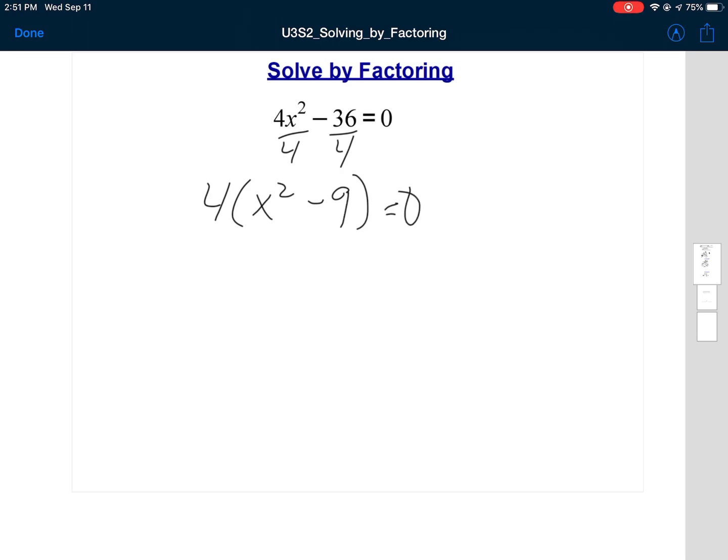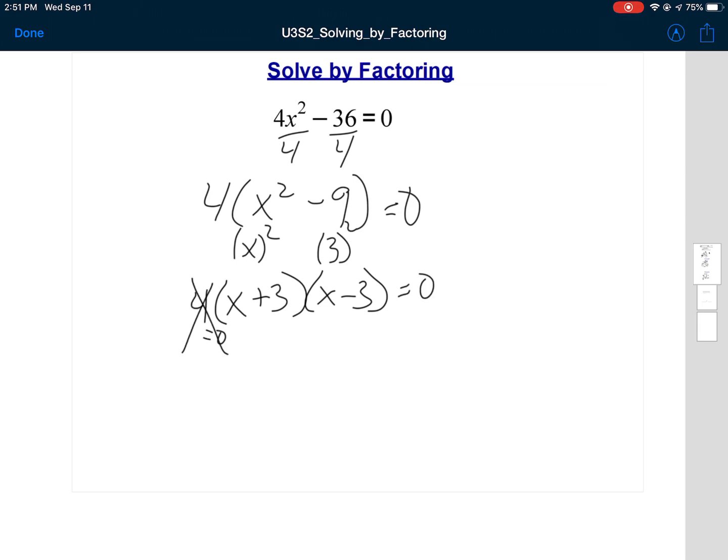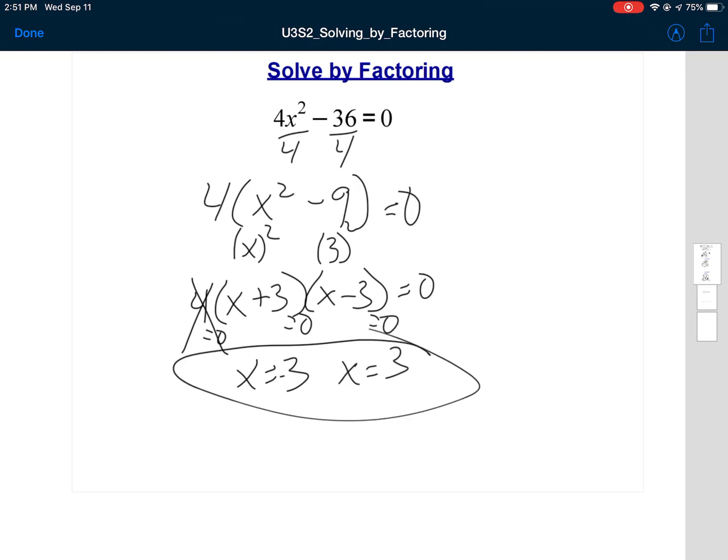Whenever I have 2 things like this, I'm going to try for the pattern of difference of 2 squares, and it works. So I've got x plus 3 as one factor, and x minus 3 as another. And this 4 equals 0. That's not going to do anything for me, but subtract 3, and x is equal to negative 3. Add 3, and x is equal to positive 3. So there are the 2 answers there.